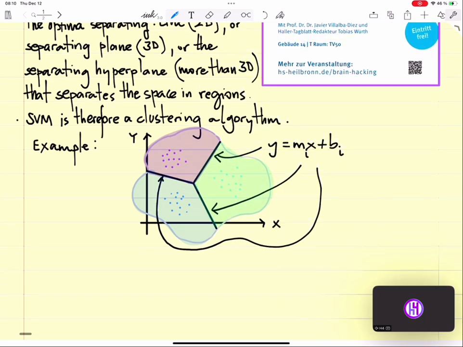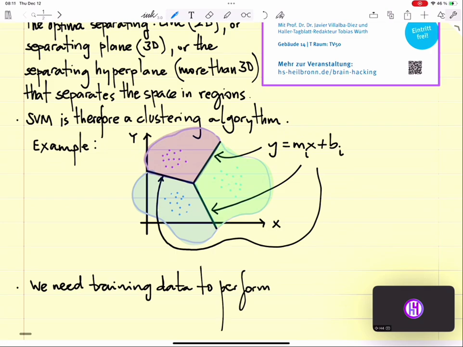Okay, so we're talking about data sets. So one important thing here is we need training data to perform SVM.